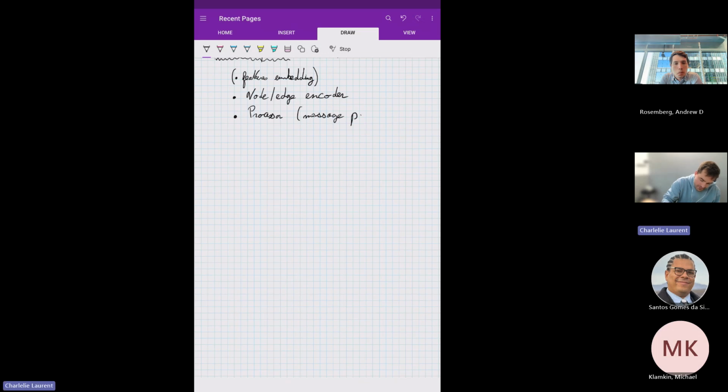I will detail what message passing is later. And a decoder, usually only on the nodes, so it predicts outputs on the nodes.